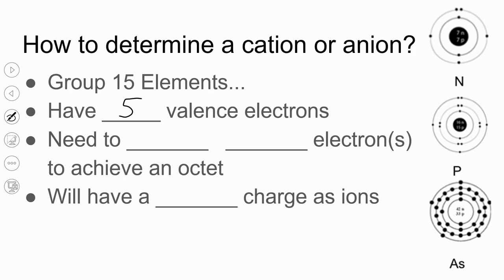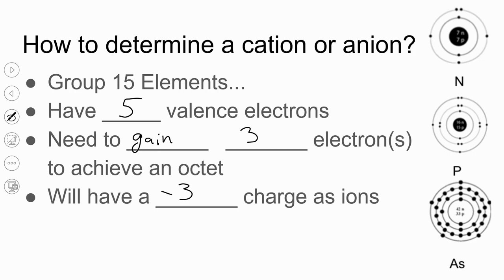Good, they're going to gain 3. If they get 3 more electrons, they're going to have an octet. That's what's driving this, is that we want 8 electrons in our outer shell. So if we gain 3 electrons, what will the charge be? Good, it'll have a -3 charge. And when we write that, it'll be 3 minus.